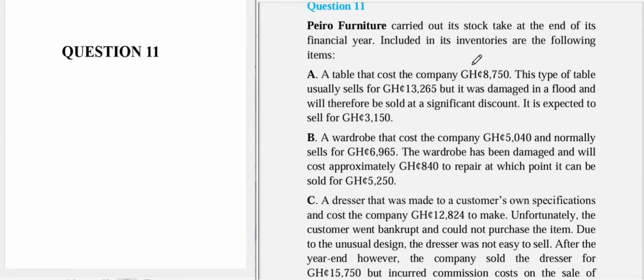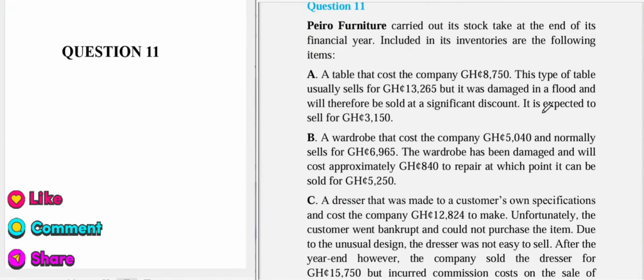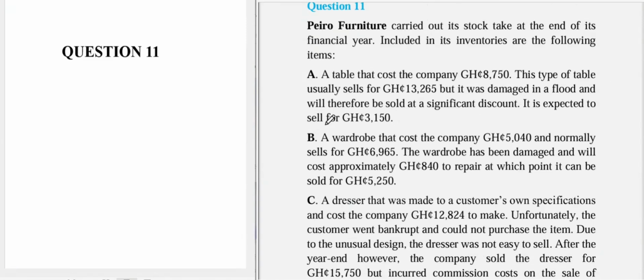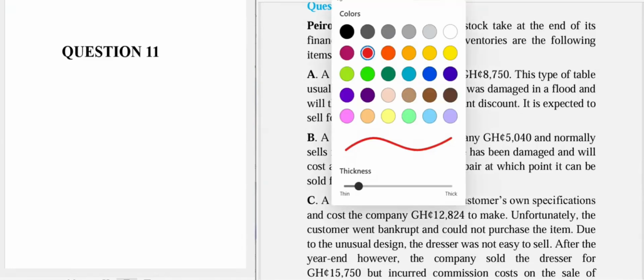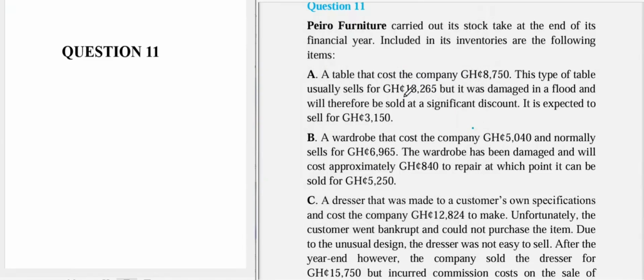This type of table usually sells for 13,265, but it was damaged in a flood and will therefore be sold at a significant discount. It is expected to sell for 3,150. See, this is the normal selling price, 13,000 here. Okay, the normal selling price is what?